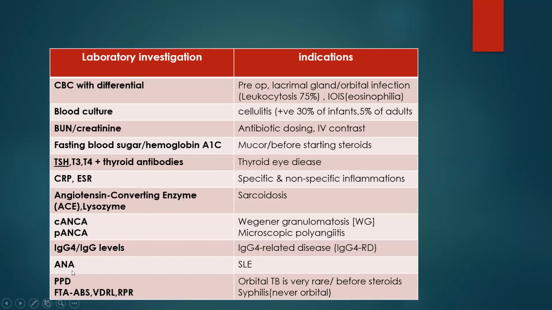And ANA in cases of the idiopathic orbital inflammatory disease presentation, we add it to the workup list. PPD, usually we order it before starting steroids, because orbital TB is a very rare condition. The same thing can be applied for syphilis.